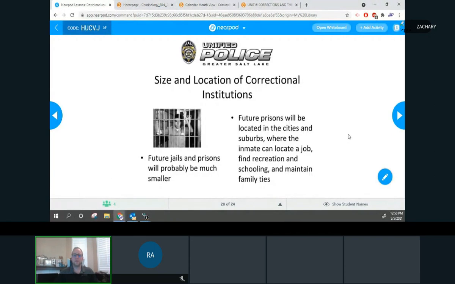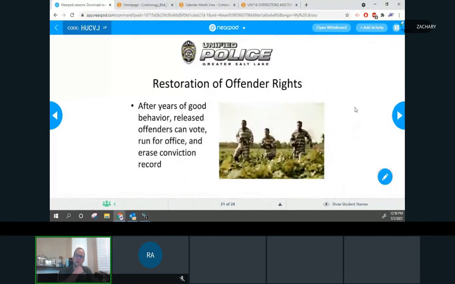What they've talked about doing before is they would take the inmates a long way away from where they live, and they found out that if they can get them around family, it's actually a little bit better for them, because they have roots there, as long as they're not dealing with other kinds of offenders as well. So things are starting to go back into where they're located.